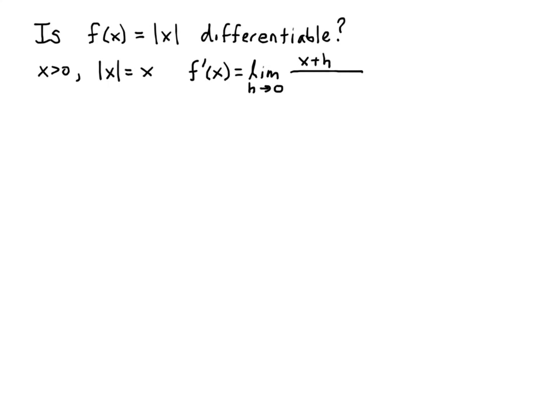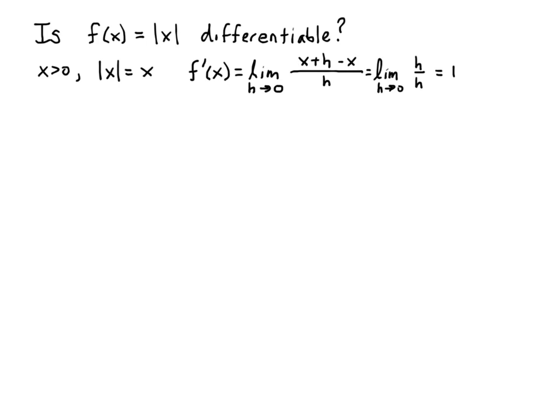If we look at x being positive, then the absolute value of x is just x. If we use the limit definition, we get the limit as h goes to 0 is 1. So with our absolute value function, when we're not at 0, over here, the slope is 1.